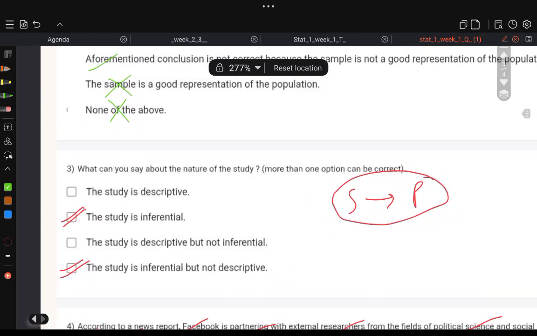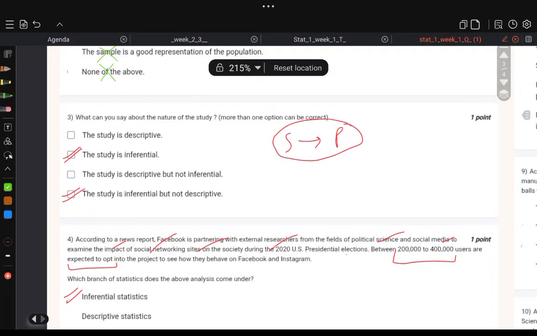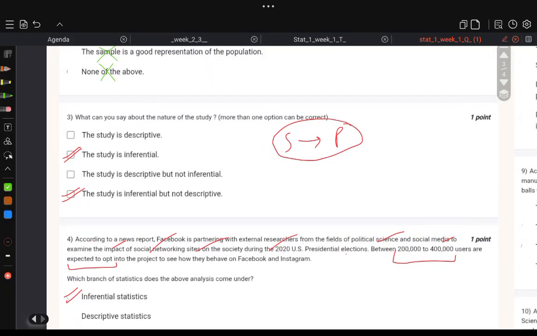What kind of nature of study is this? See, here we are going from sample to population, and whenever we go from sample to population, I have said the study will be inferential and not descriptive. So inferential, not descriptive, both are the correct options. See, whatever the question is given, see the last part, between 20,000 to 40,000 users are expected to opt in the project.